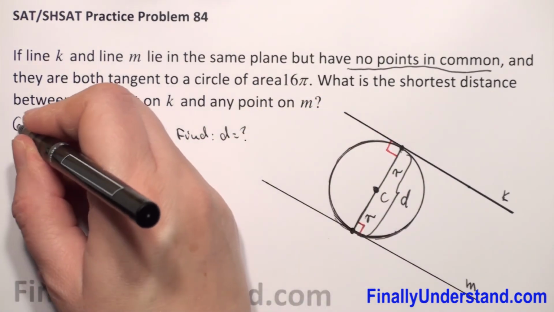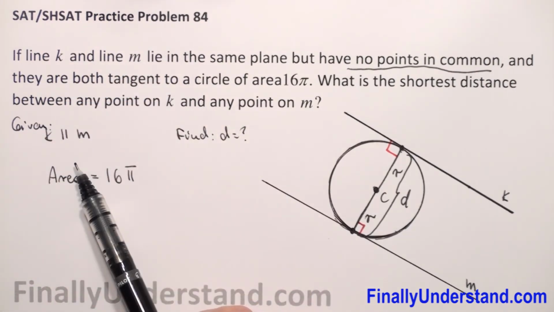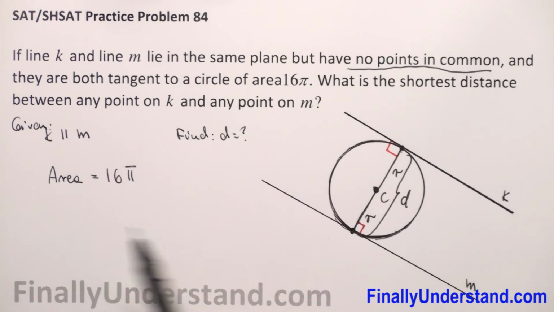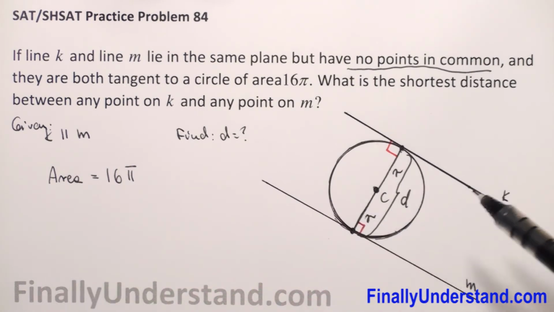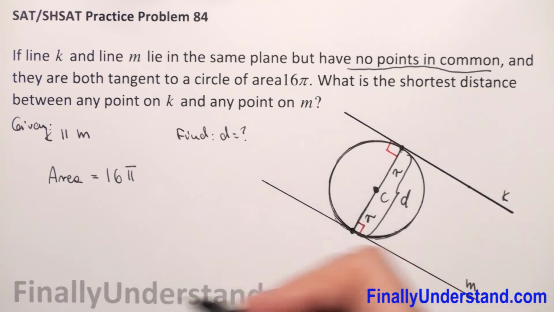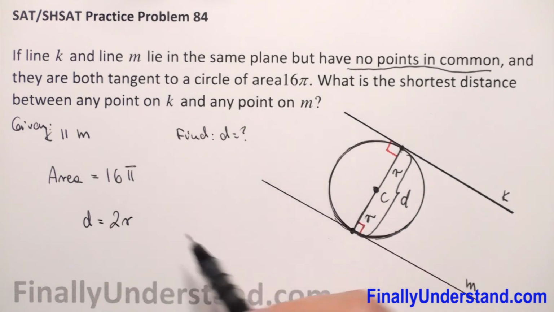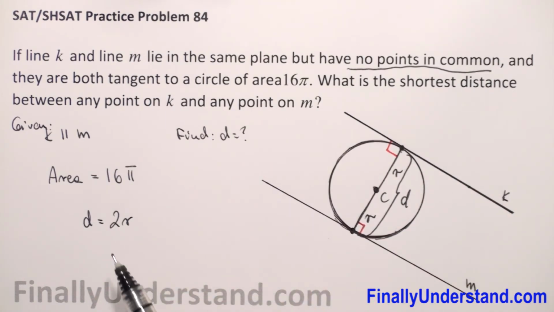We are given that lines K and M are parallel and the area of our circle is 16 pi. So like I said, because we have to find the diameter and d is 2r, r plus r is 2r, to find d we need to have r, the radius of our circle.